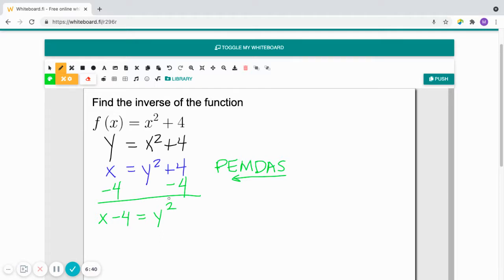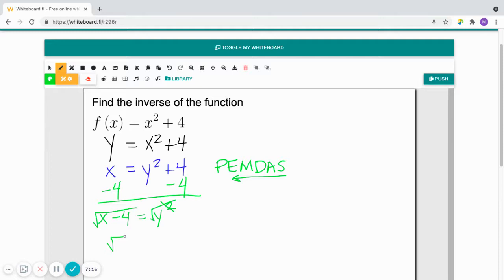Now, the exponent, squaring something, the opposite of raising an exponent is doing a radical, or taking the root of that same exponent. So since this is a square, I'm going to take the square root in order to undo this. So if I square root this, the square root and the 2 cancel each other out, and whatever I do to one side, I must do to the other side.